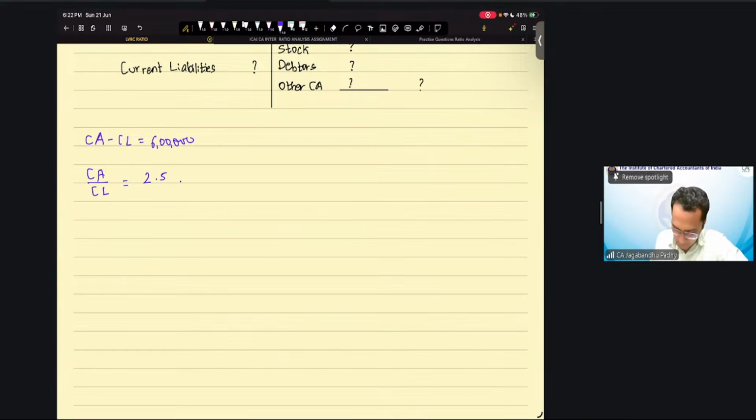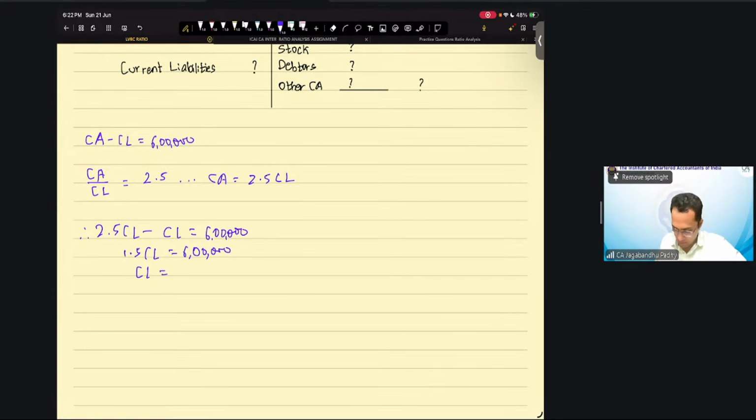So current asset is 2.5 times current liability. Substituting, 2.5 current liability minus current liability is 6 lakh, so 1.5 times current liability is 6 lakh.